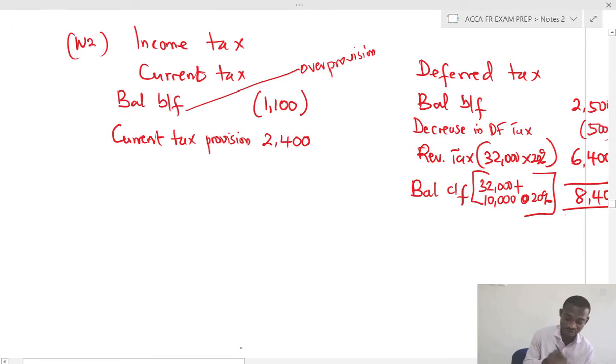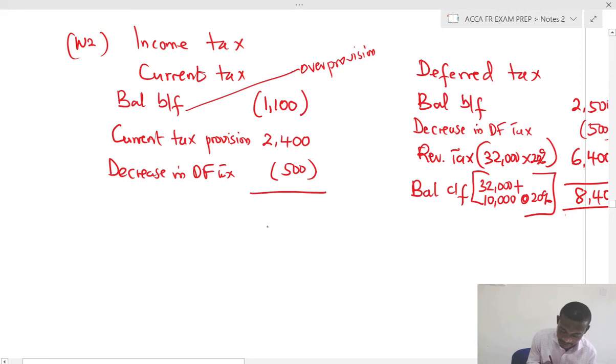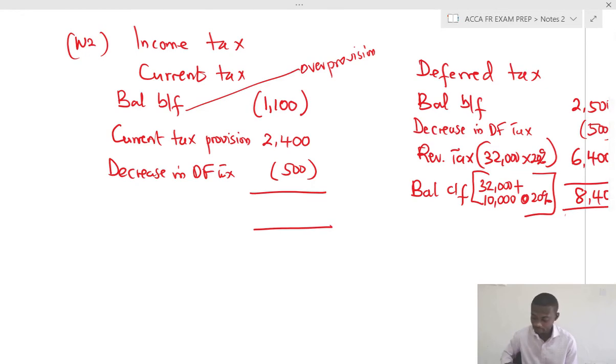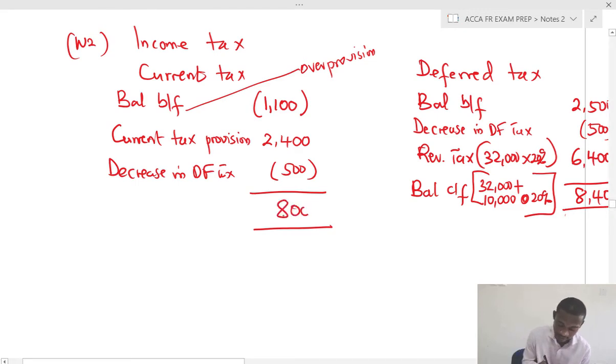So to look at the details that will go to the financial statement, please take note. Very easy. This would go to the financial position as current liability, which represents the current tax provision. Now this will go to P&L as the expense for the year in terms of tax.